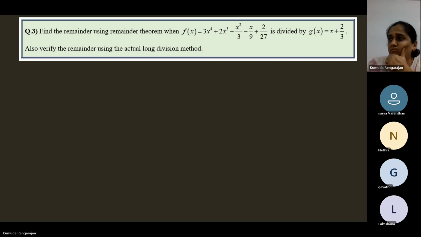Shreya? Okay, f of x is equal to what was given there then? Okay, very good. So you are now doing the simplification part? Okay, yeah, good, correct. You must write f of minus 2 by 3, not f of x again. When in the step where you are substituting minus 2 by 3 for x, you should write f of minus 2 by 3.